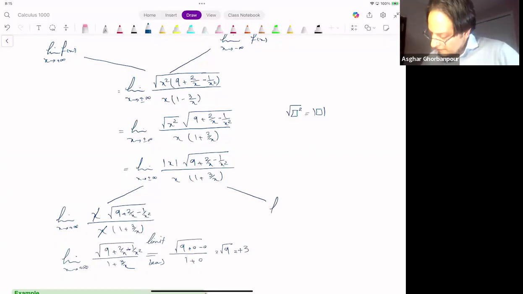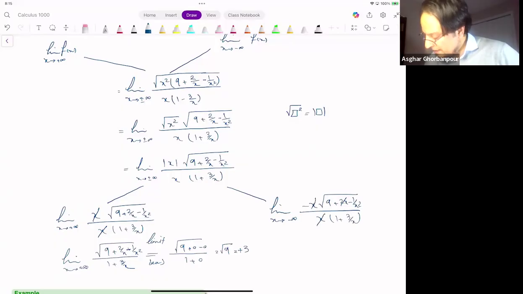If I go with negative infinity, the absolute value of x is negative x. So when I cancel the x's here, there will be an extra negative sign up there, and then using limit laws, I will get minus root of 9 plus 0 minus 0 over 1 plus 0.